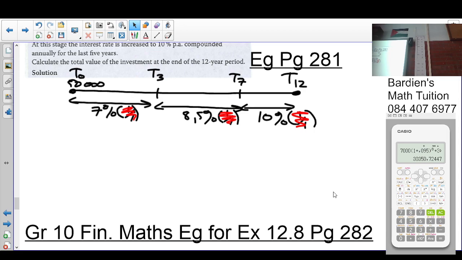Right? People, what do we do here? What's my formula going to use? A is equal to P into 1 plus i to the n. Verstaan julle? Yeah, okay.